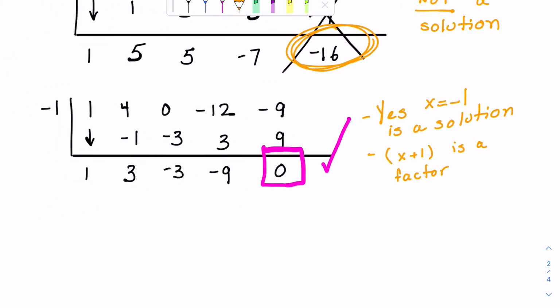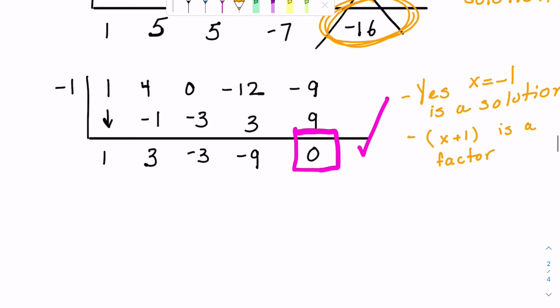All right, because we're trying to completely factor this and we want to find all zeros, we need to keep going. So we have to keep using synthetic division. Once you find a factor, you can use what's called the depressed polynomial. So use this, it's going to save you time.